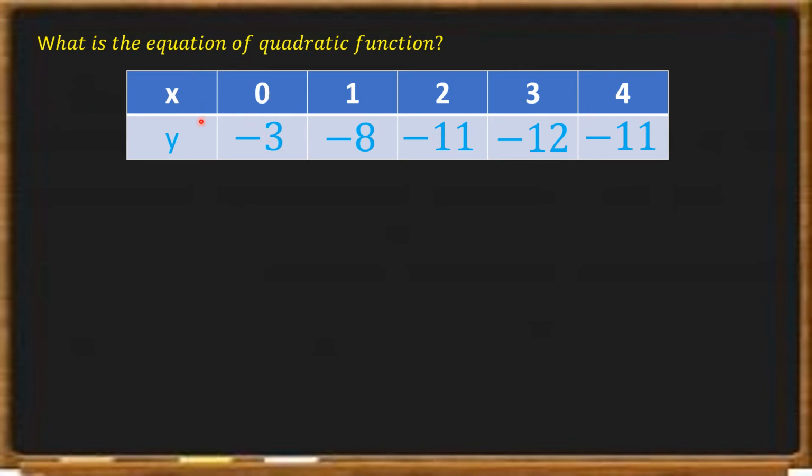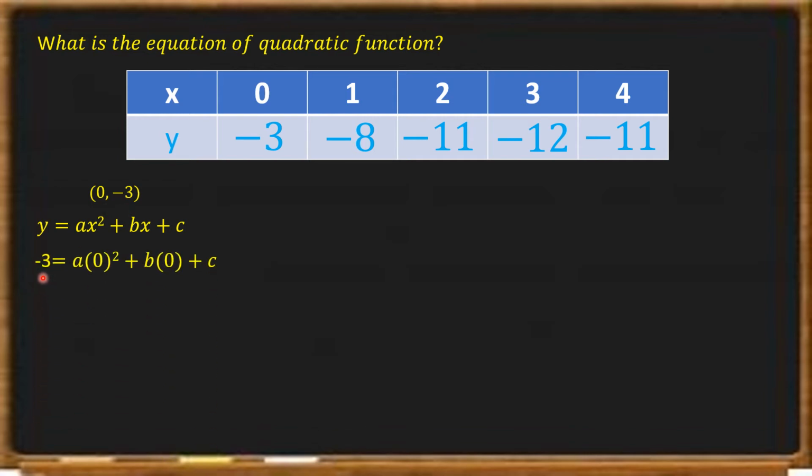Okay? So, first point, 0, -3. I will use this point, 0, comma, -3. And then, from the general form of the quadratic function, y is equal to ax squared plus bx plus c, I will substitute this -3 for y and 0 for x because this is x comma y. Okay, substitute that.